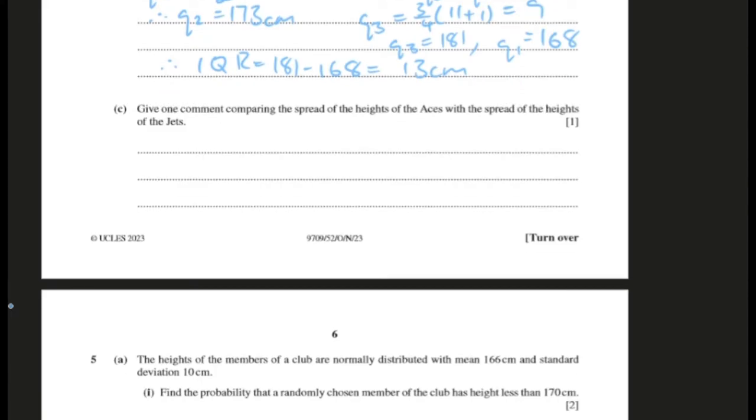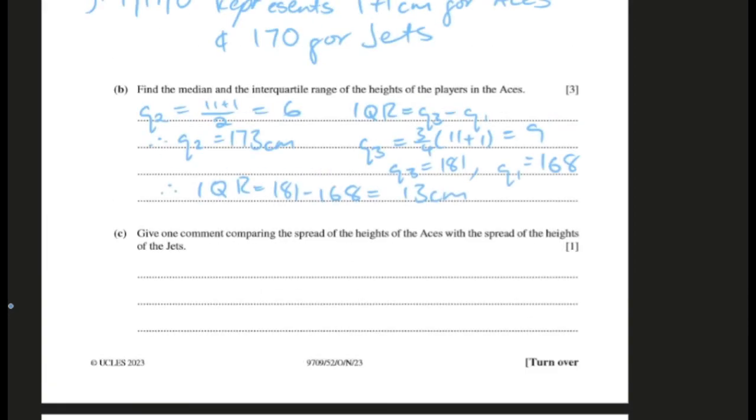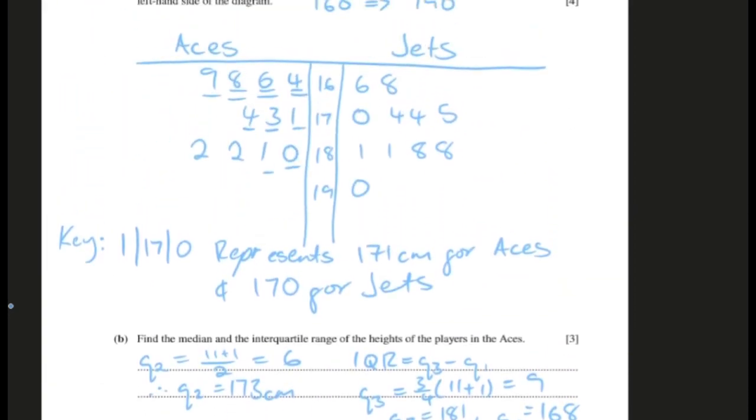So here, if you look at the Jets, I want you to notice how the range for the Jets is actually larger than the range of the Aces, since the Aces only end up to around 182 centimeters, but the Jets actually end up at 190 centimeters. So this means that the heights for the Jets are more spread than the heights for the Aces, and that will be our answer.